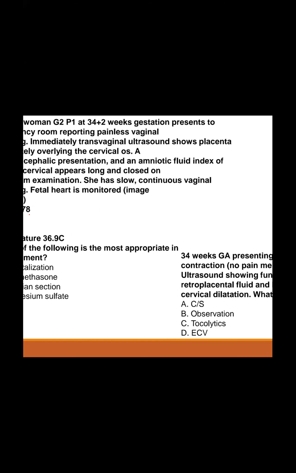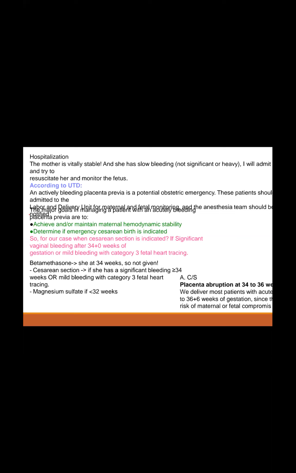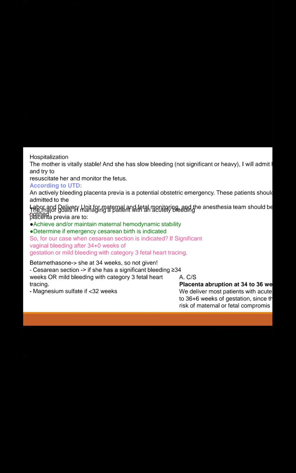Dr. Kishori's case was 34 weeks. Here the options are betamethasone at 34 weeks, cesarean section, and magnesium sulfate. How do I assess? First of all, active bleeding is an obstetric emergency, so labor and delivery unit for maternal and fetal monitoring and the anesthesia team should be there.